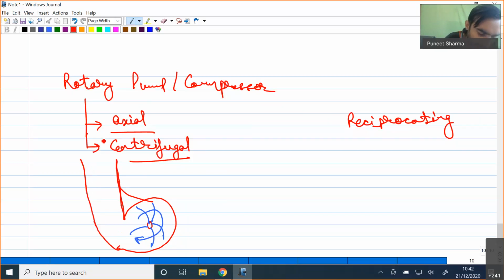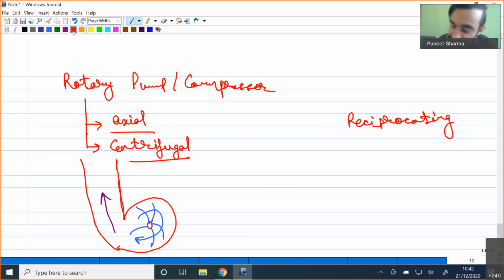In this section, whatever kinetic energy was imparted to the working medium is converted into pressure energy. These devices are referred to as rotary pump or compressor devices, and for these, the assumption of adiabatic boundary will be applicable.